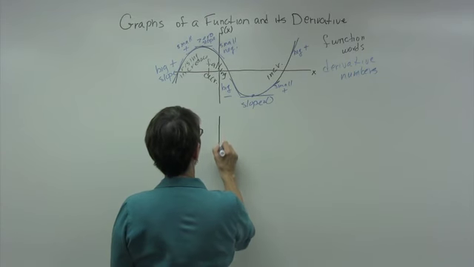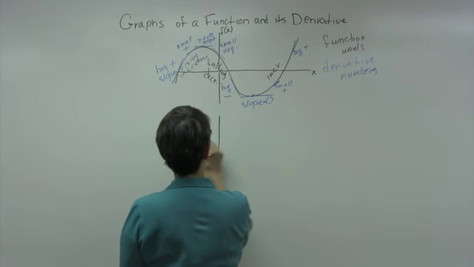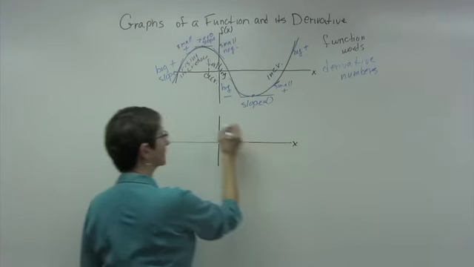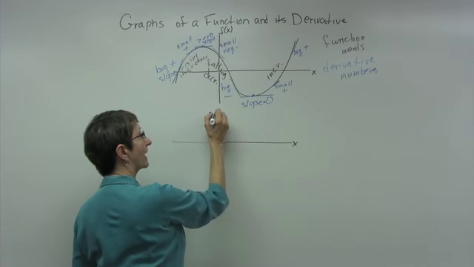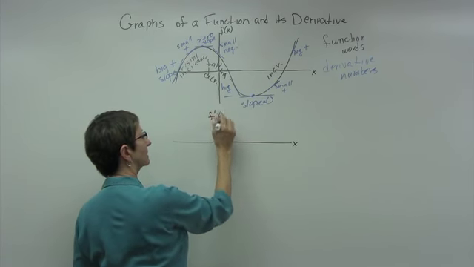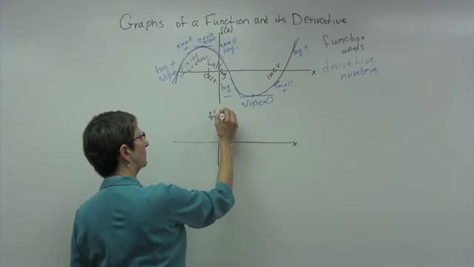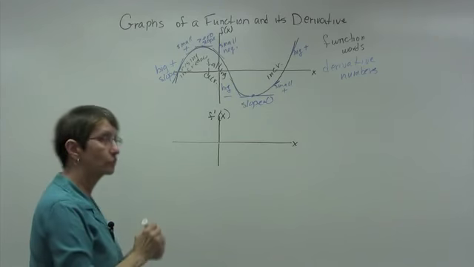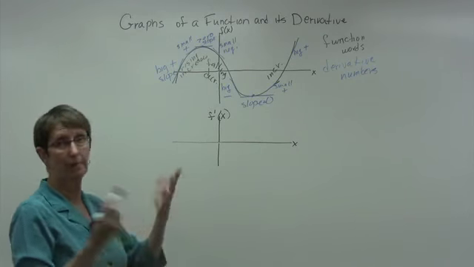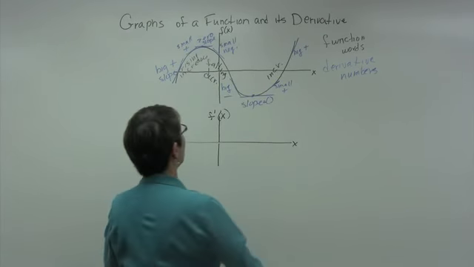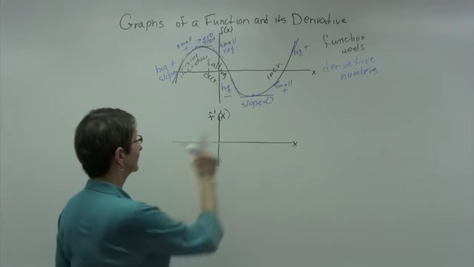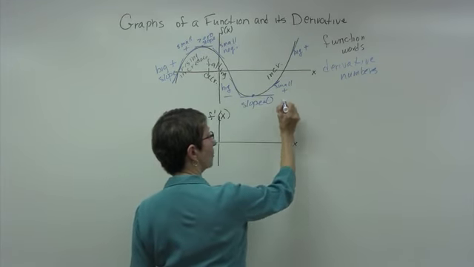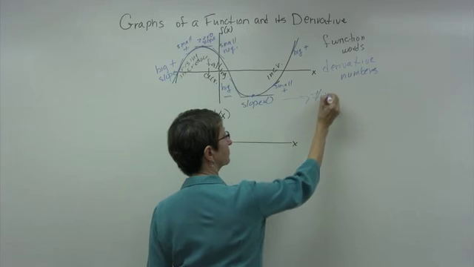So when I look at my axes this time, this is still x, but these values I'm looking at are f prime of x. The slopes are the derivative, and so that tells me positive or negative. So first, slope equal to 0. This is what you want to do, the very first thing.